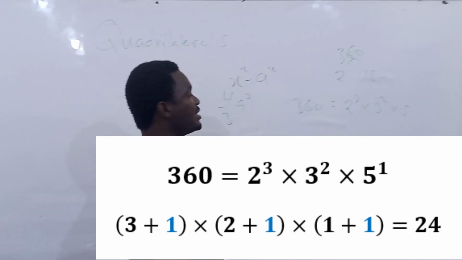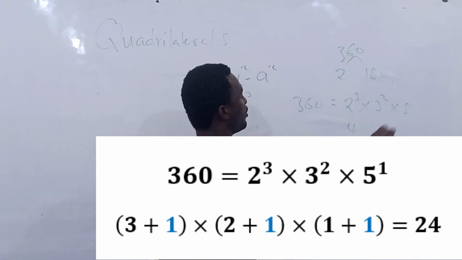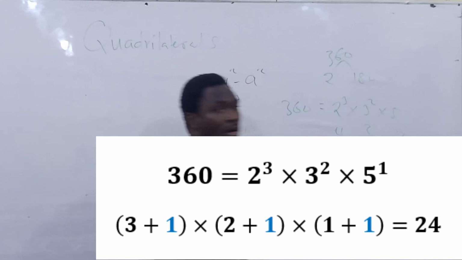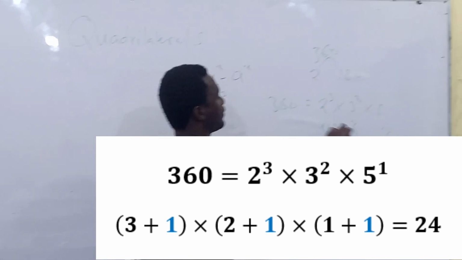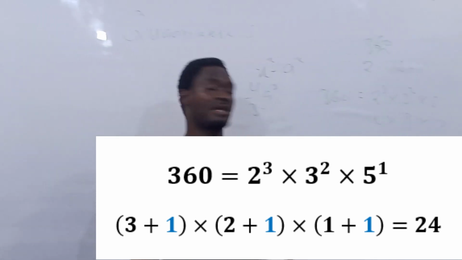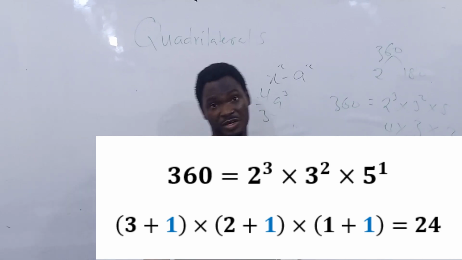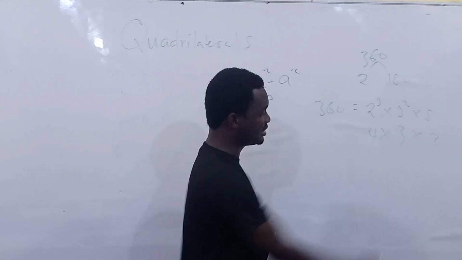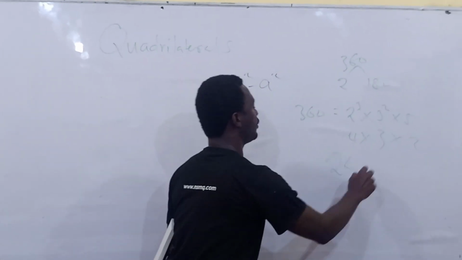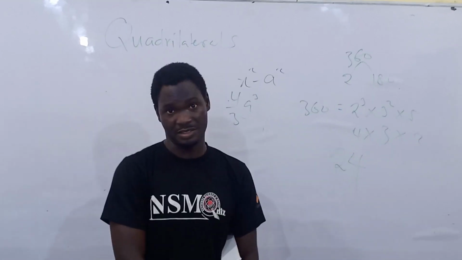And after increasing each of these exponents by 1, we multiply them, and then we get our number of positive divisors. So 360 has 24 positive divisors.